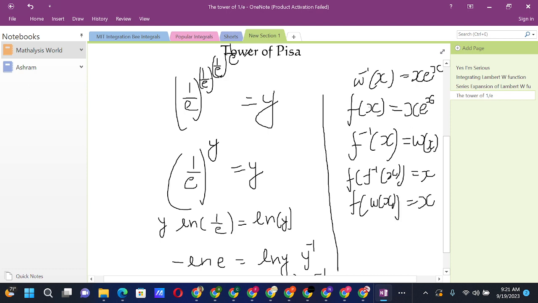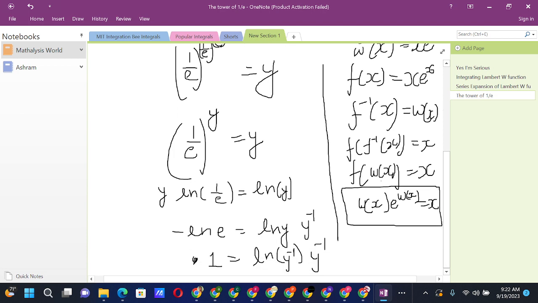Yeah, and now f of Lambert x is just x: e to the power Lambert of x will be x. So we will need this property of the Lambert function in upcoming steps. That's why I have done it over here.